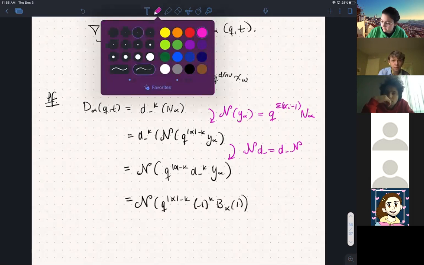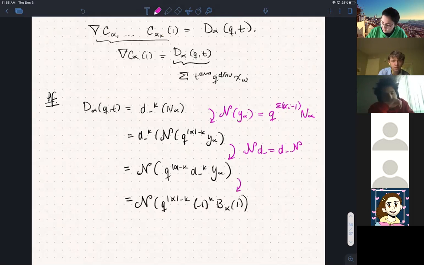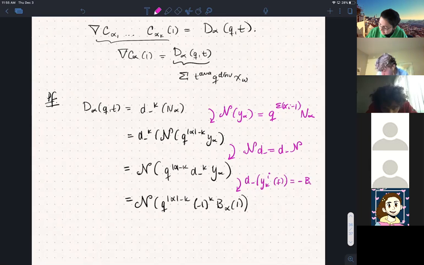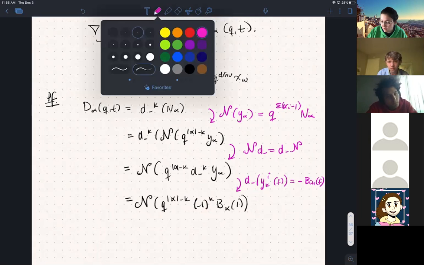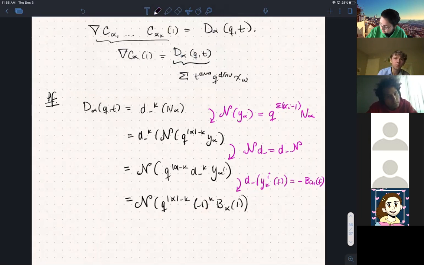So this was a relation, using the fact that if you do D minus of Y K I of F, this is just minus B I plus 1 of F. So the minus comes out to a minus 1 to the K, and remember that all of these are secretly acting on 1.